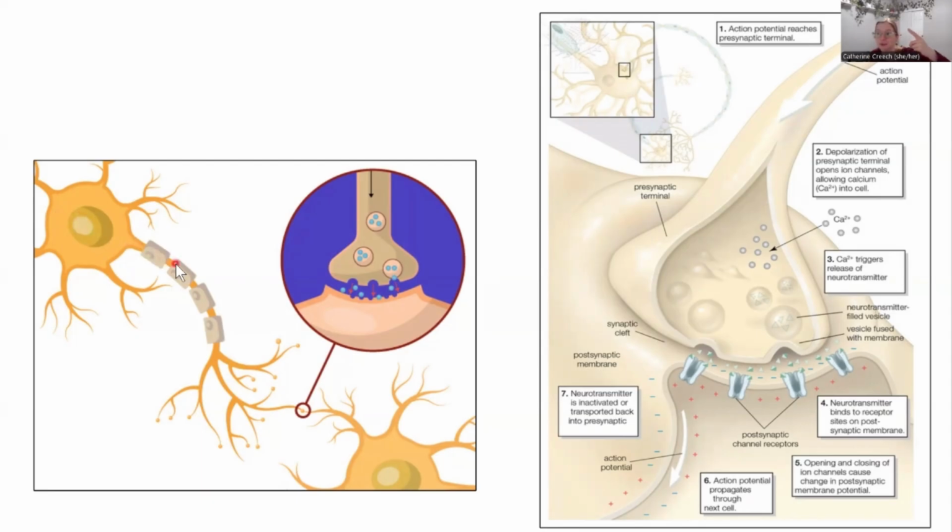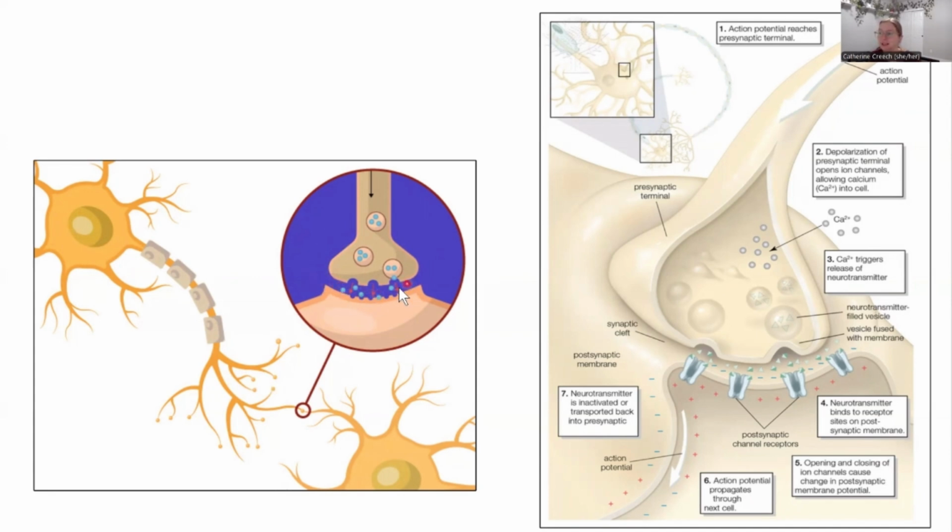That's that flip of charge created by the sodium and potassium channels and then reestablished by the sodium and potassium pump. That flip in charge comes all the way down, and when the axon terminal, which is the swollen part right here, sees that there's been an action potential, it will take vesicles and it will do exocytosis, and those vesicles will release a chemical into the gap between your two neurons, which is called the synaptic cleft.